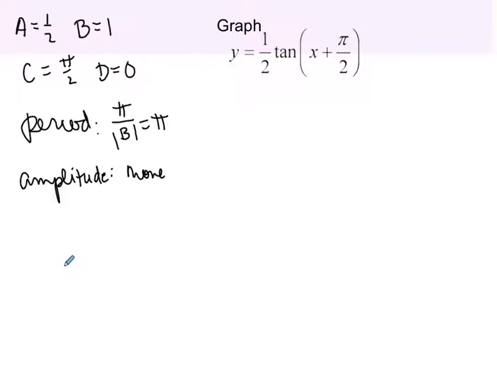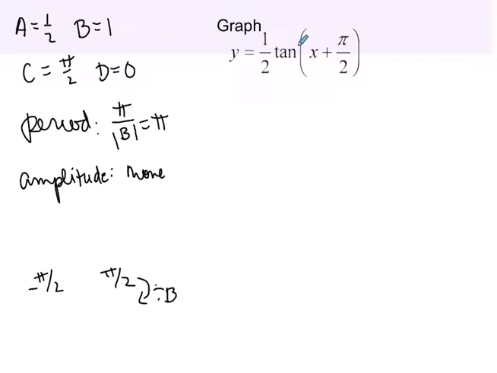Okay, now I want to figure out where I'm going to draw my graph. Normally, I would graph tangent between negative pi over 2 and positive pi over 2. But you have to remember that it may be that you have stretched or shrunk it. So we're going to take each of those and divide by B. You know what? Let's change our B here.